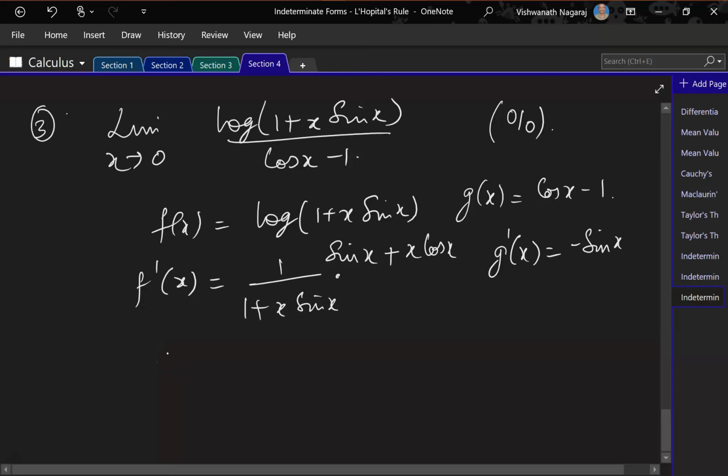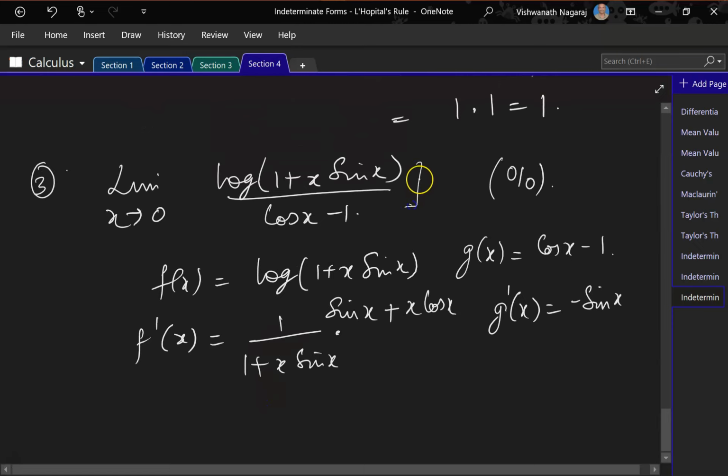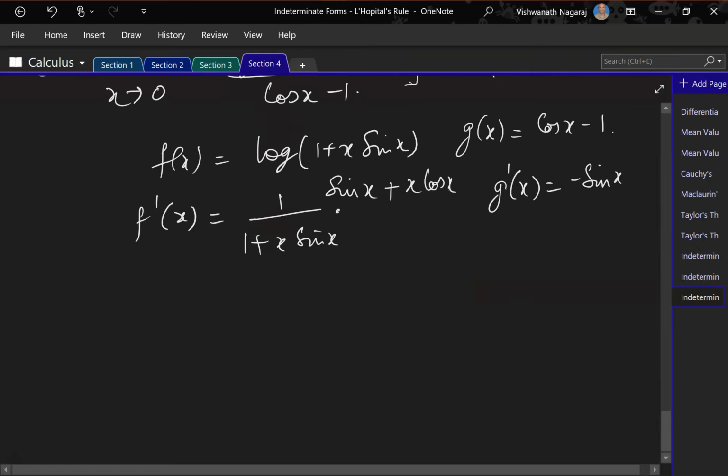Now here in the numerator it becomes sine 0, which is 0, plus 0, and in the denominator 1 plus 0, so 0 by 1, and here it is 0. Especially with this type of problem, when we actually do the division, it may get simplified and change form because of simplifications.